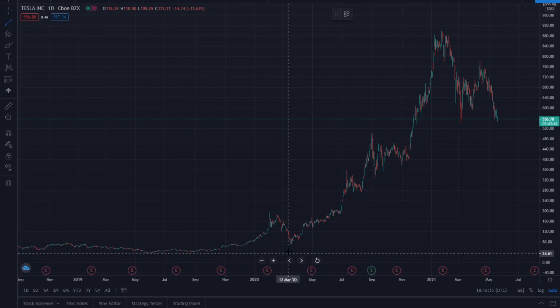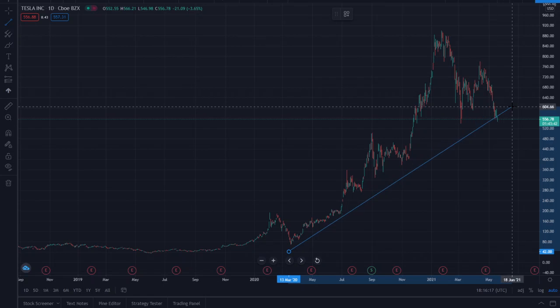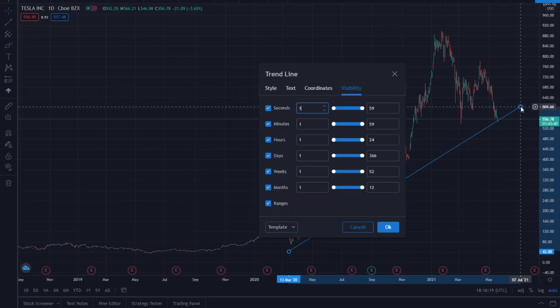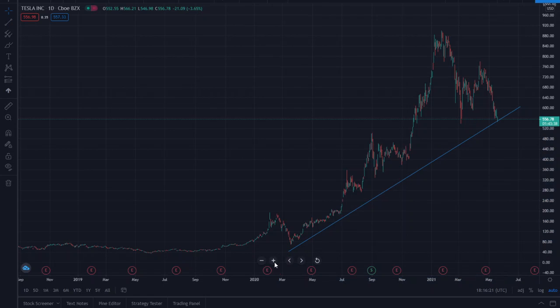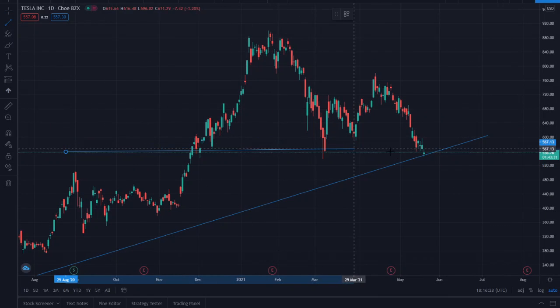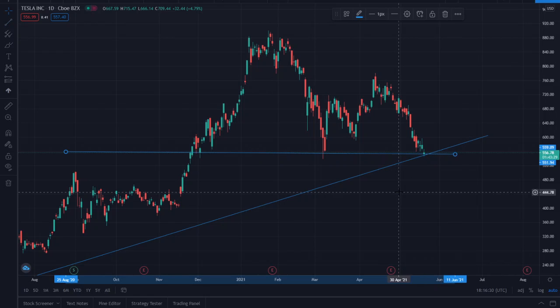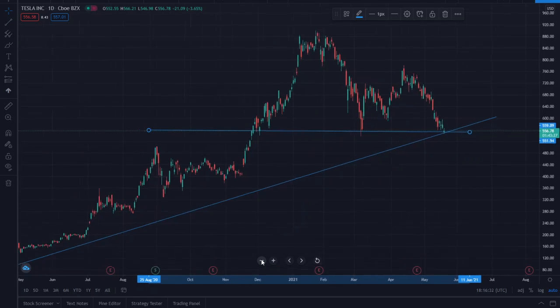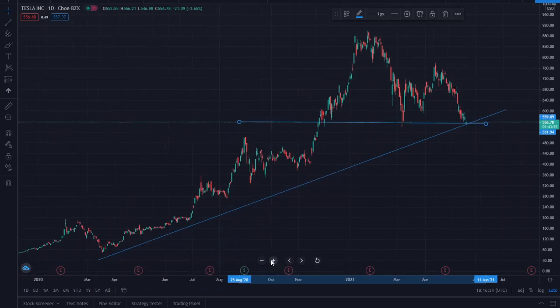So let's analyze Tesla. Now, since March last year, we've rallied quite a bit, and we are now kind of forming this trend line and support line crossover.